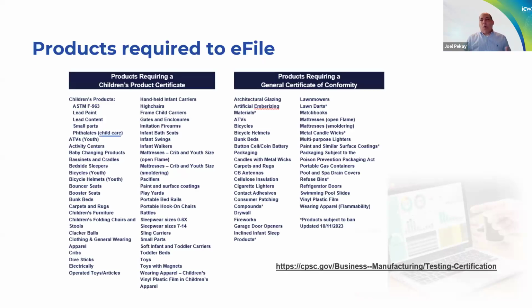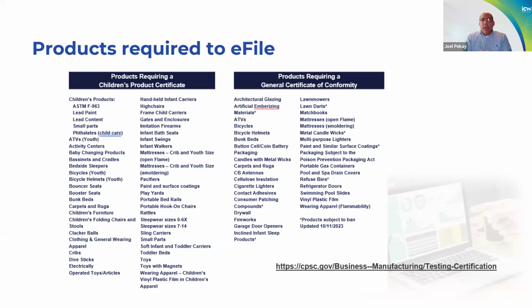Now, what products are required to e-file? This is a broad list, and apologies, I've got to put some reading glasses on here to read them all. But everything from youth bicycles and bicycle helmets to apparel, to cribs, to mattresses, refrigerator doors, swimming pool slides.